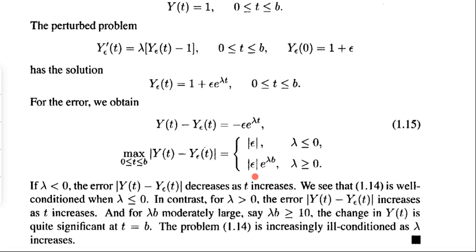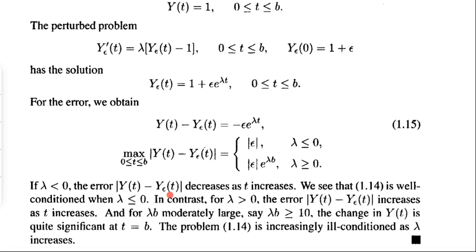Now we have two different situations. We have two cases. In the first case, when lambda is less than 0, you can see that when epsilon goes to 0, the absolute value of y minus y epsilon will decrease.